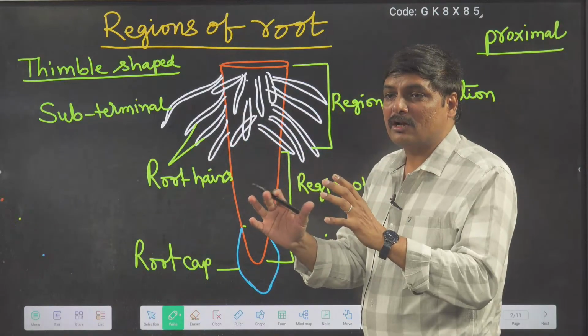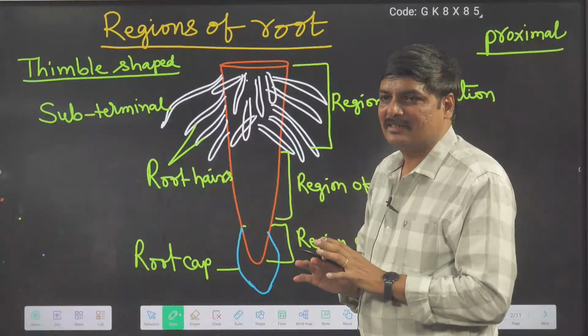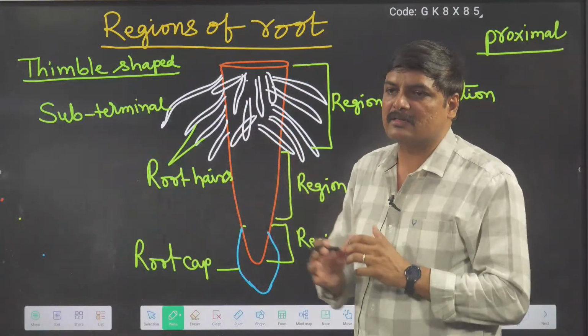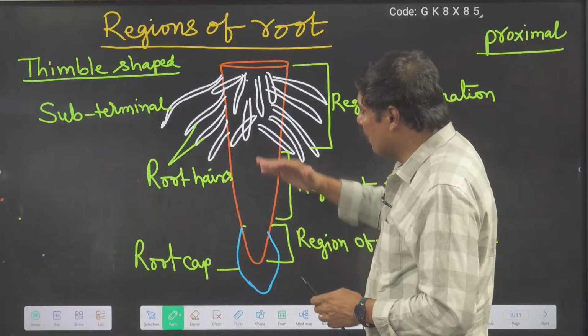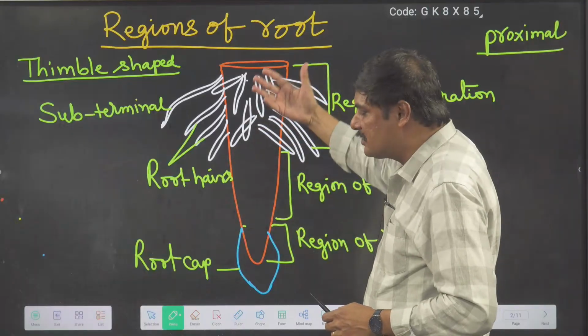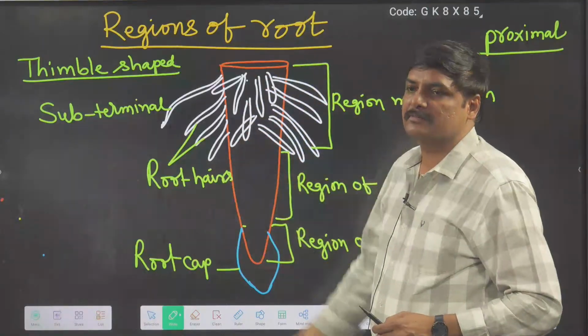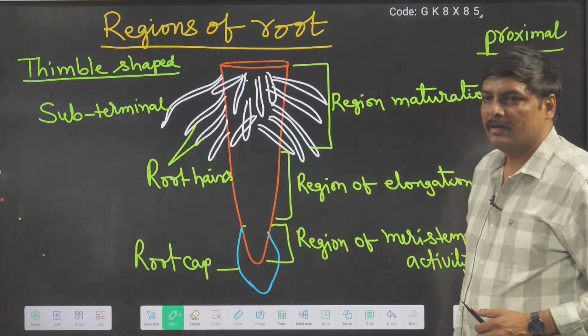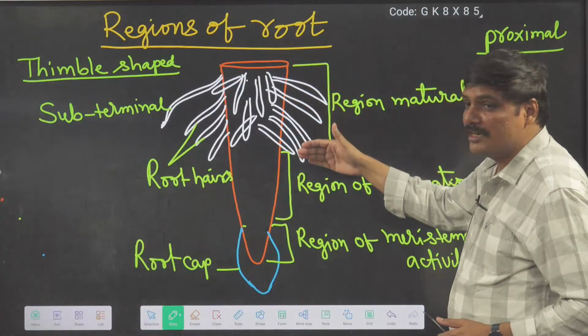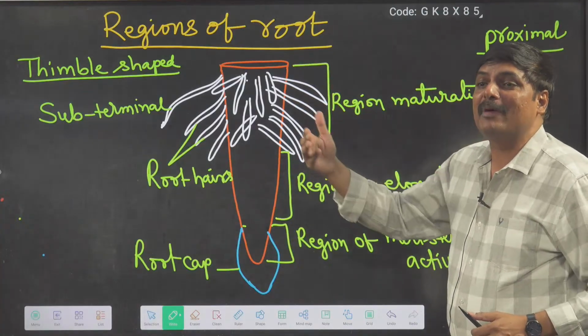Root hairs are not permanent structures. They are ephemeral, which means older root hairs are replaced by new root hairs. And these root hairs are present in an acropetal manner.